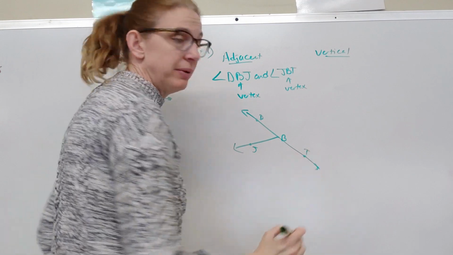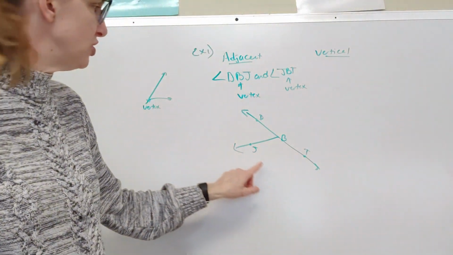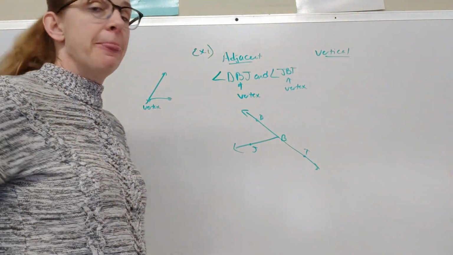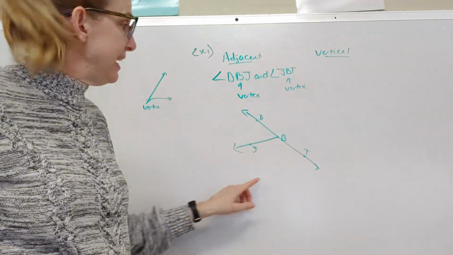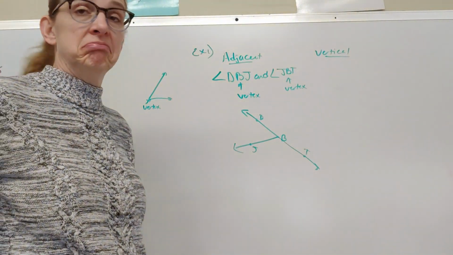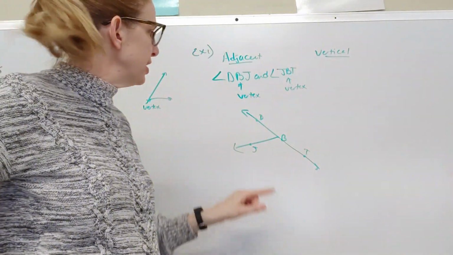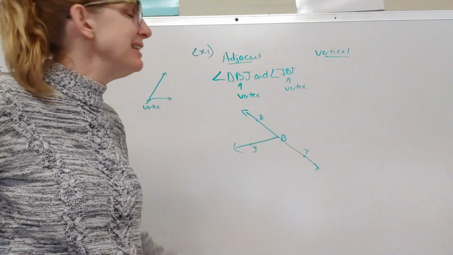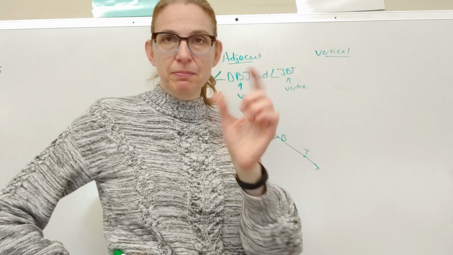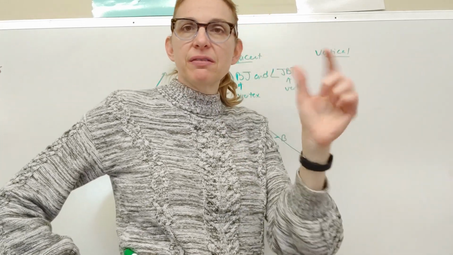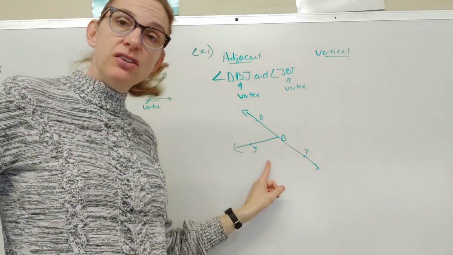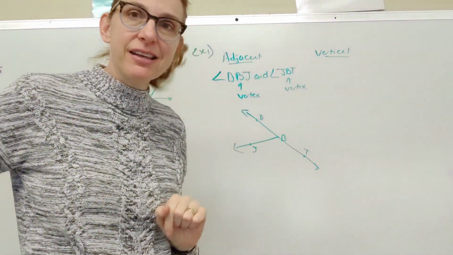Doesn't look exactly like the picture, but you get the idea. Here's my T, JBT. Now, could I go the other way? Could I call this angle TBJ? Sure, as long as the B is in the middle. Could I call this one JBD? Yep, as long as the B's in the middle. You can put the letters that are on the side rays in any order, but the vertex letter has to be in the middle.